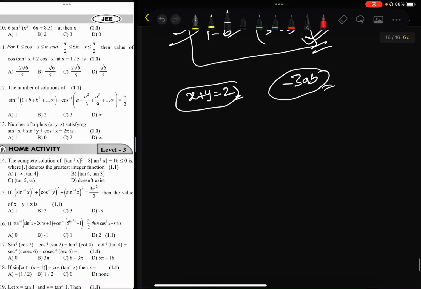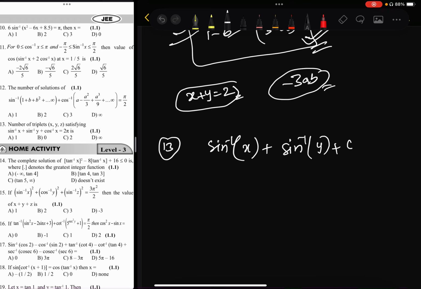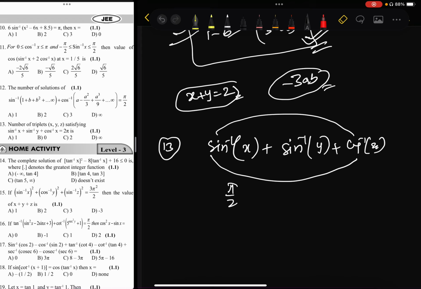right? Now question number 13, number of triplets. So as you can see, sine inverse x plus sine inverse y plus cos inverse x, the sum of these two angles is pi by 2. Pi by 2 plus sine inverse y equals 2 pi, it is given in the question.